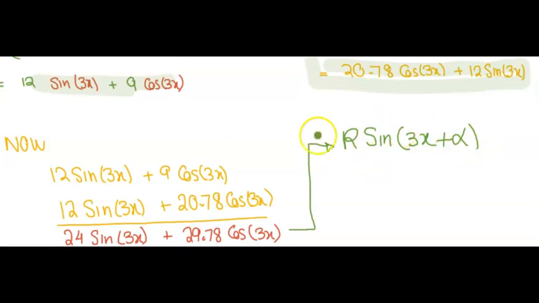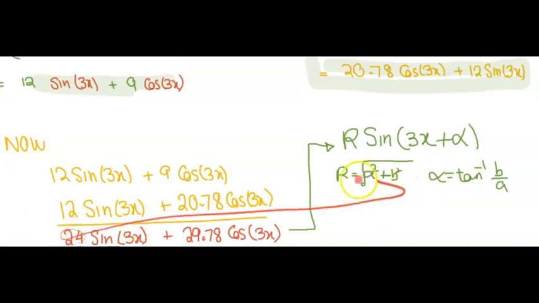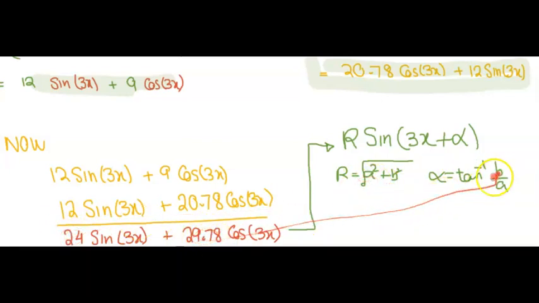And this wave, which is here, you know what R is. R is the square root of a square plus b square. And the alpha is tan inverse b over a. What is b? This is my a, and this is my b. You can put that one, and then you can convert into this form.